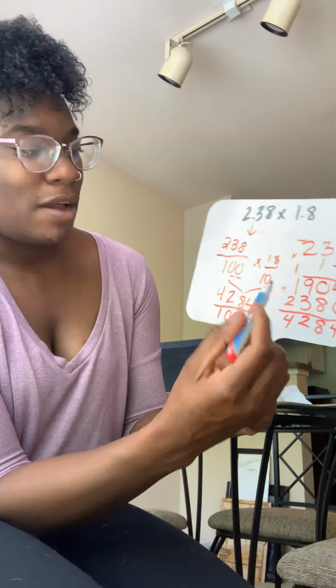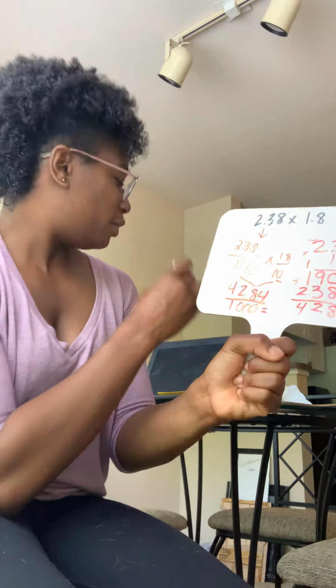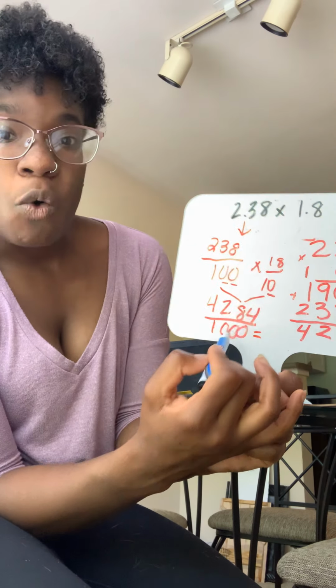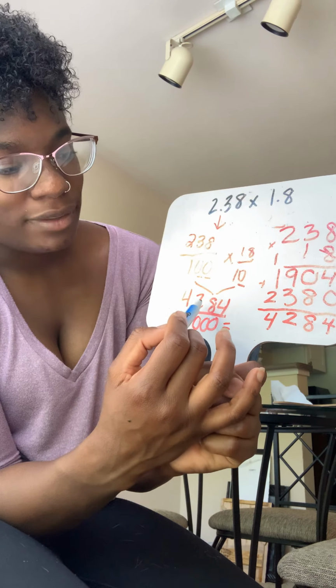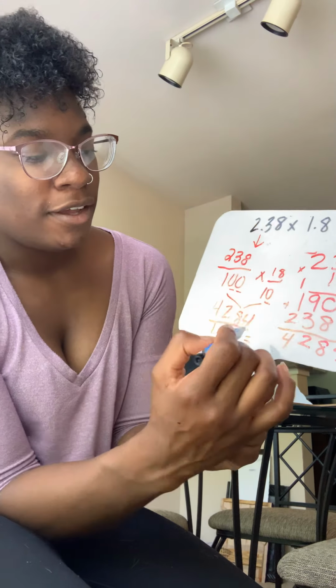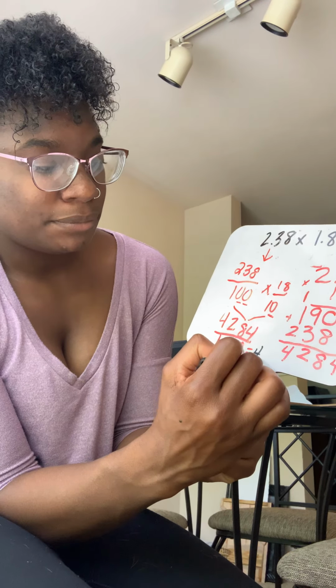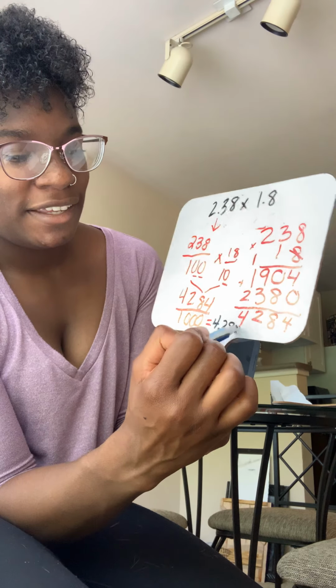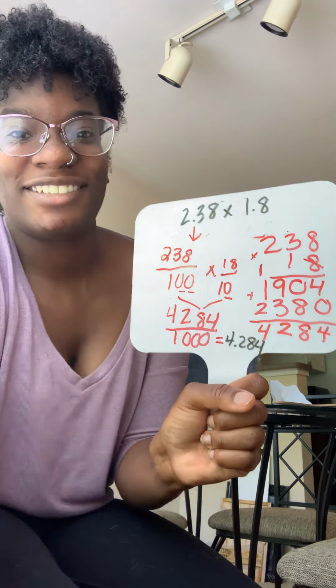And once again, if I wanted to write that as a decimal, we know that 1,000 can go into 4,284 4 times, and we've got 284 left over.